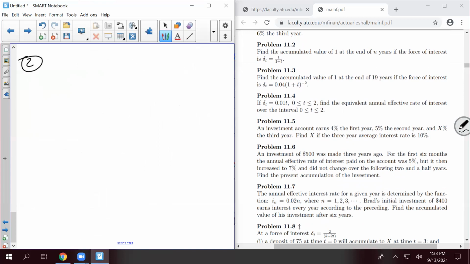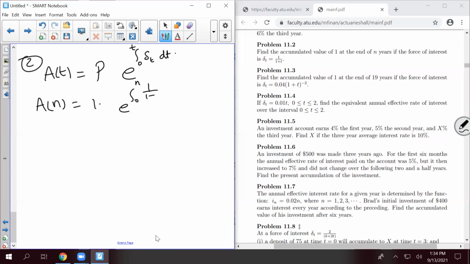Find the accumulated value of 1 at the end of n years if the force of interest is delta t. So what's the generic formula for the amount with force of interest? P e to the power integral from 0 to t of delta t, isn't it? Here time is n years, so a of n, and principal is 1, e to the power integral from 0 to n, and the force of interest is 1 over 1 plus t.